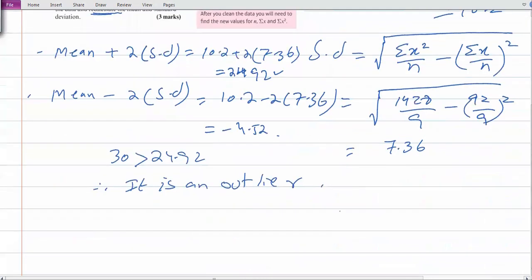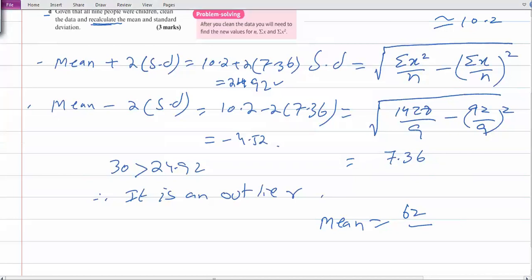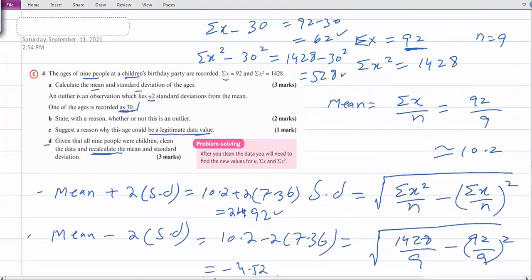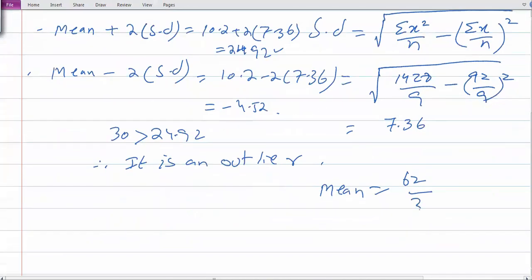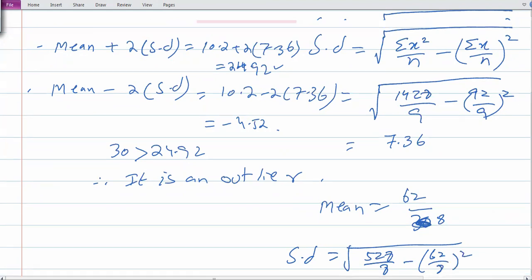Now you can find the new mean: 62 divided by 8, because now there are 8 values. The value 30, being an outlier, we take out. The new standard deviation will be the square root of 528 over 8 minus 62 over 8, squared, because the total number of values is 8.